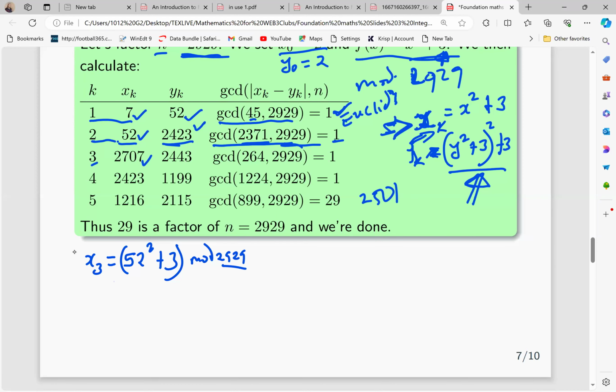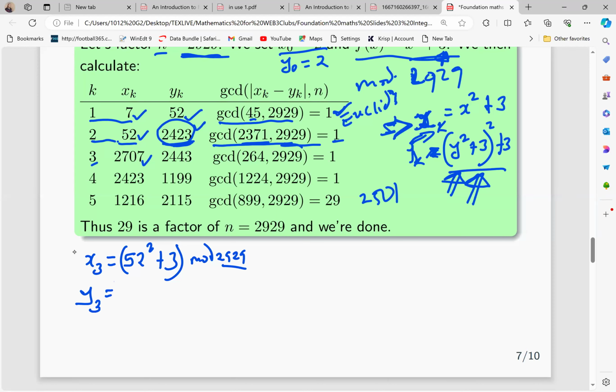Let's get Y3. I'm sure at this point we now know what is happening here. To get Y3, we're using Y just above, which is Y2. Substitute that Y2 in this equation of yk. Y2 is 2423.